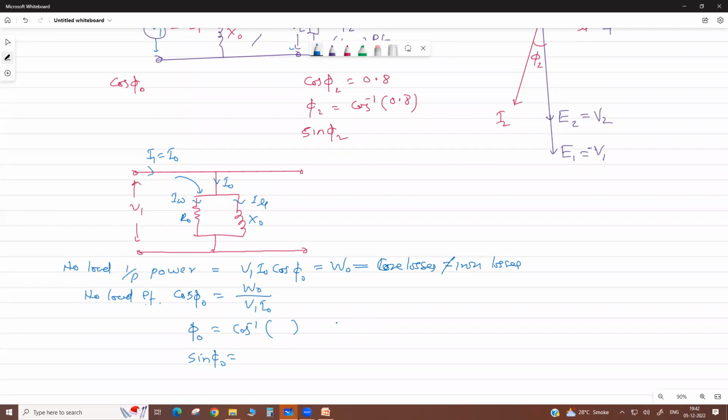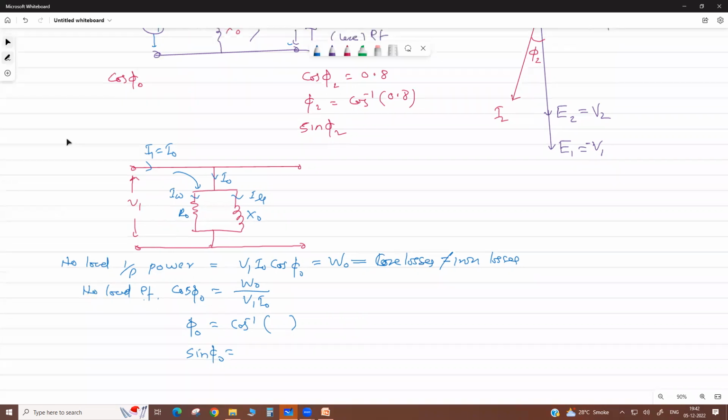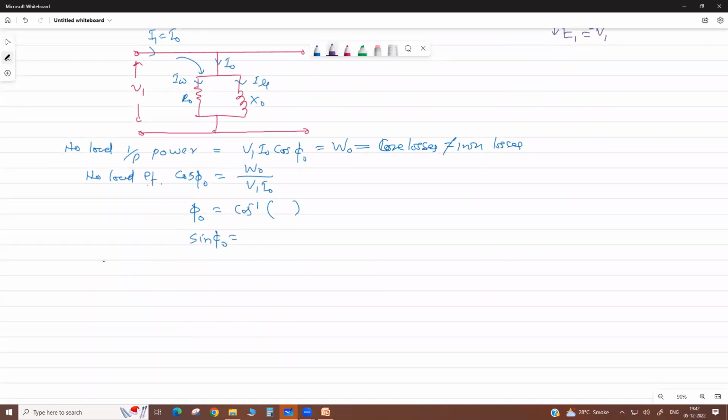Now these are the two components of I naught. There was a question asked. So I naught has two components. One is active or loss component. Second is passive or magnetizing component. Let us come.